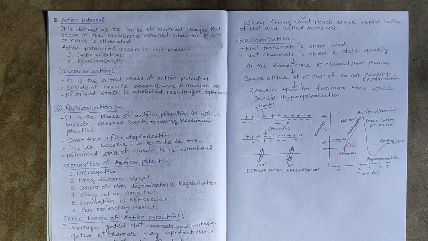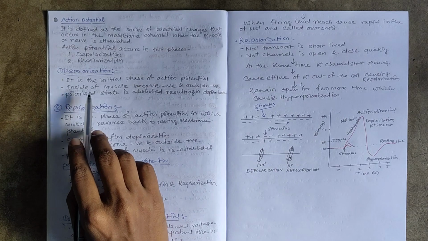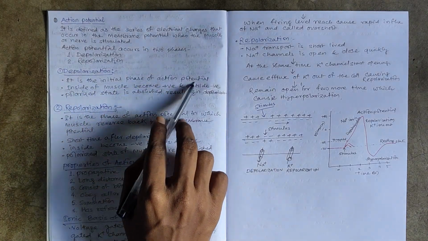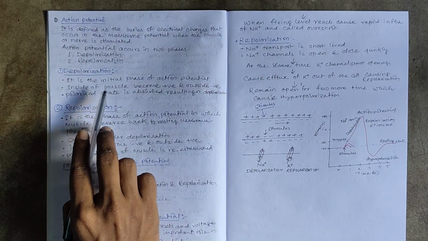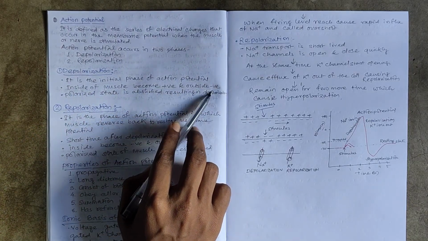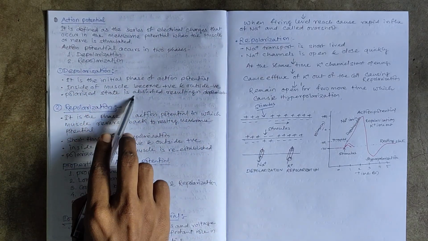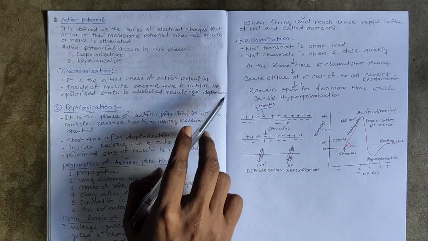So, first, depolarization. Depolarization is the initial phase of action potential. Inside the muscle becomes positive and outside becomes negative, and the polarized state is abolished, resulting in depolarization.